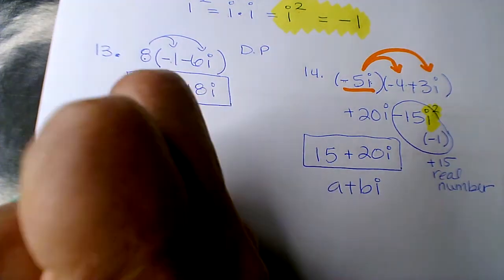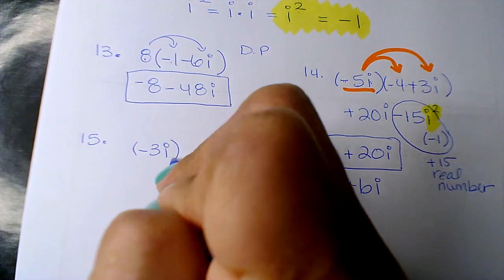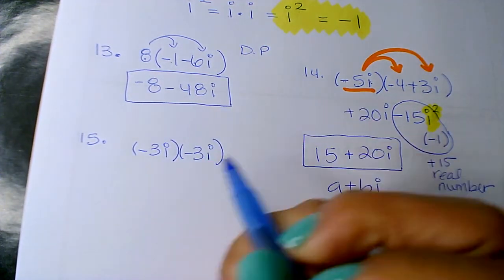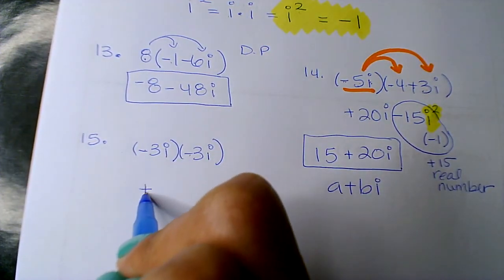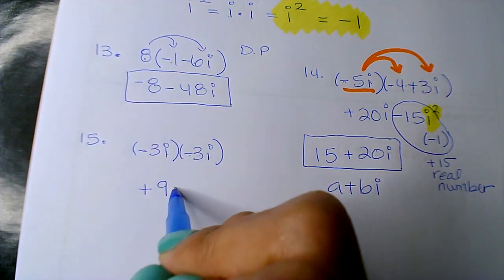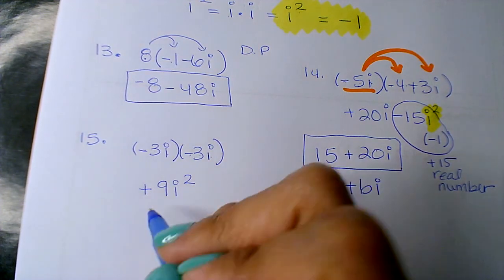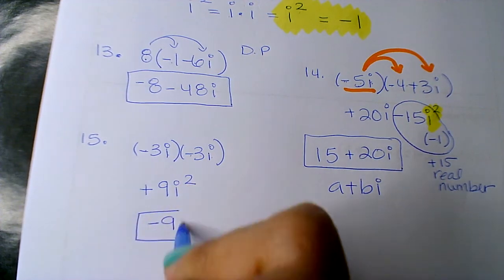Okay, if I look at 15, no distribution, just a straight multiplication. A negative times a negative is a positive. 3 times 3 is 9. i times i is i squared. But what am I going to have as my final answer? Yes, negative 9.